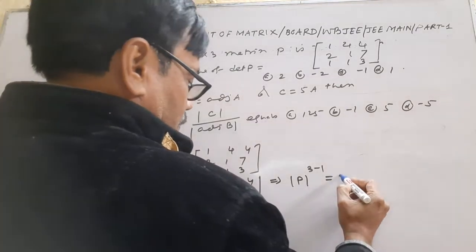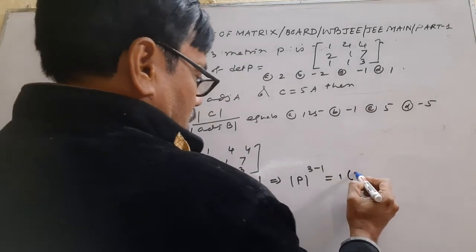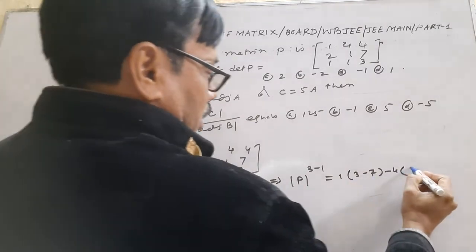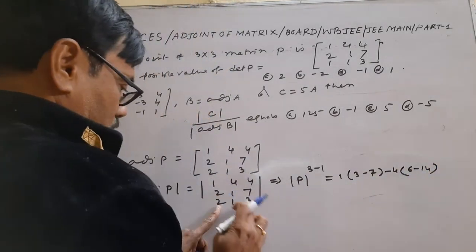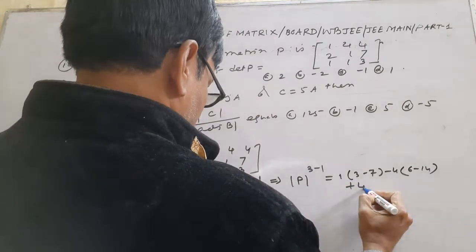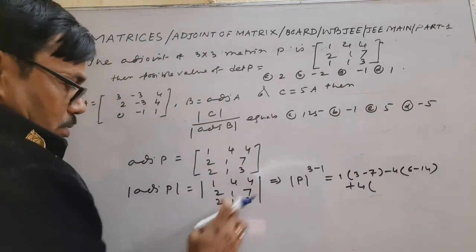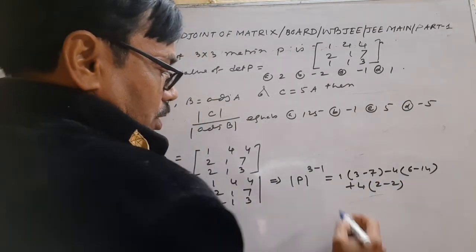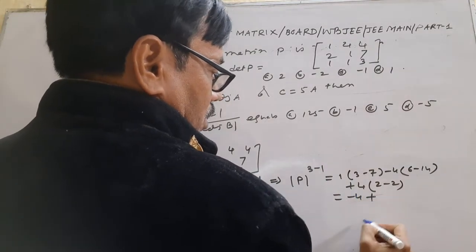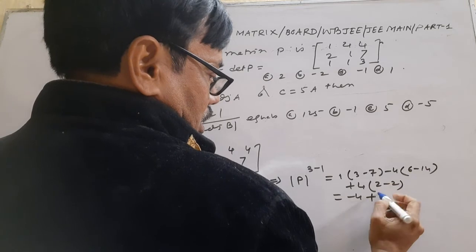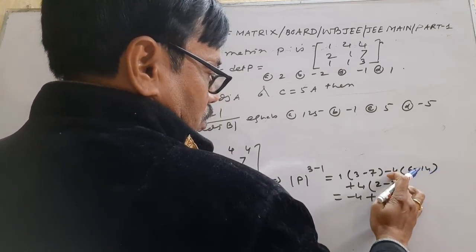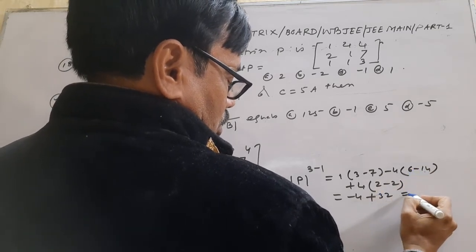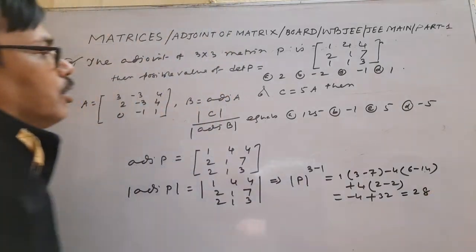Now what is expansion? 1 into 3 minus 7 minus 4 into 6 minus 14 plus 4 into 2 minus 2. So this is minus 4. This is plus 8. So minus 4 and this is 8. So 32. So this is 28. So let us verify.